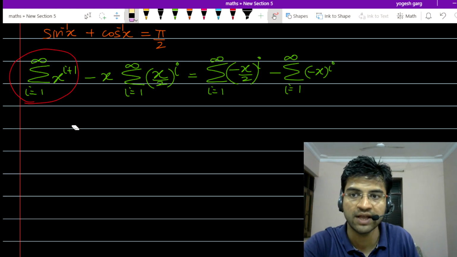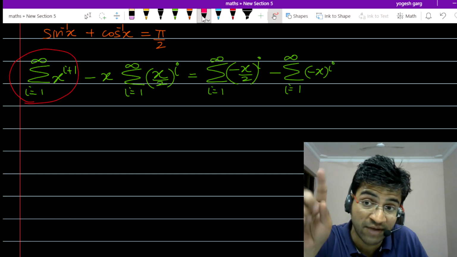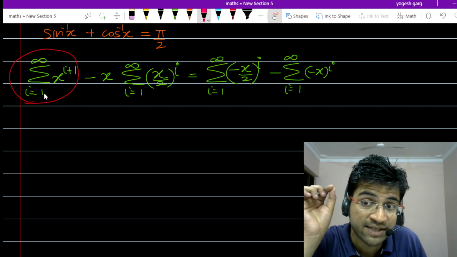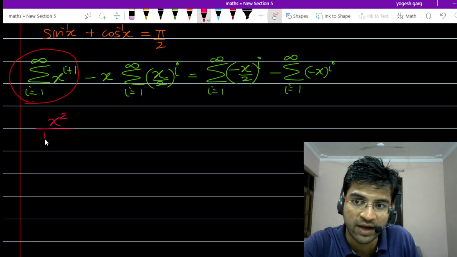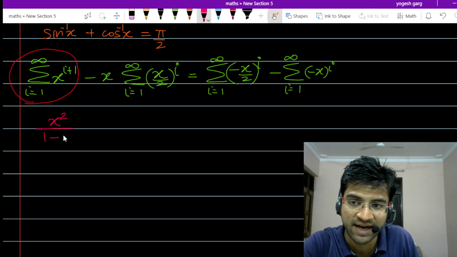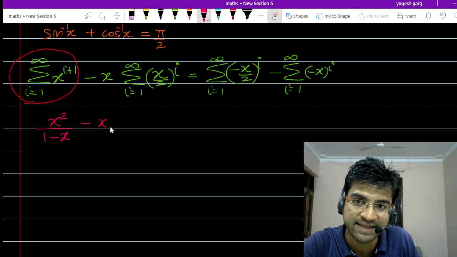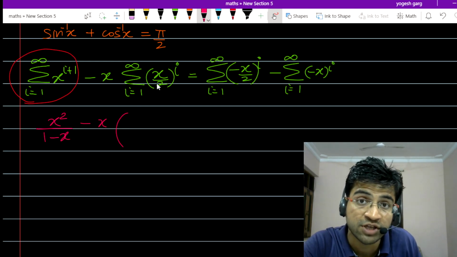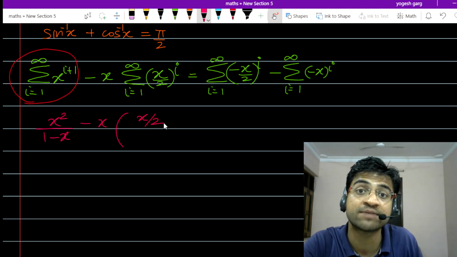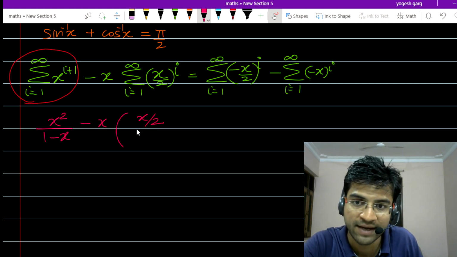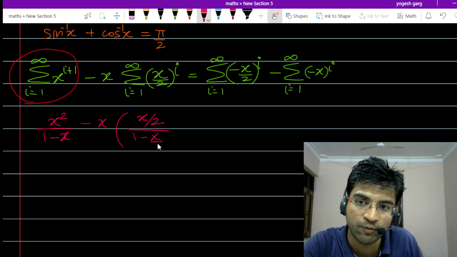So a over here is x square, not x, be very careful. It's x square, i is equal to 1, so first term is x square upon 1 minus common ratio, which is x, right? Minus x into, here first term will be x by 2 and common ratio is also x by 2, right? 1 minus x by 2.